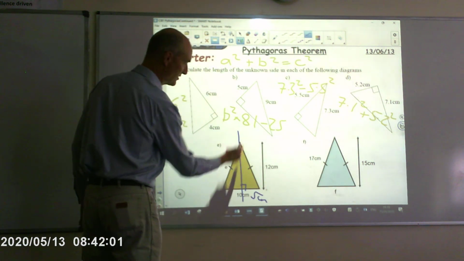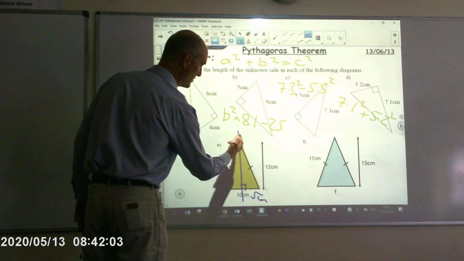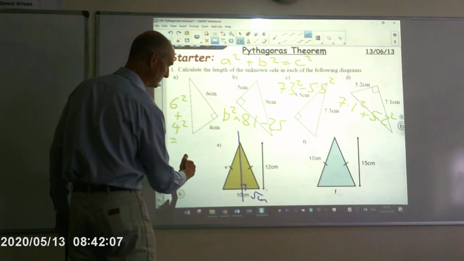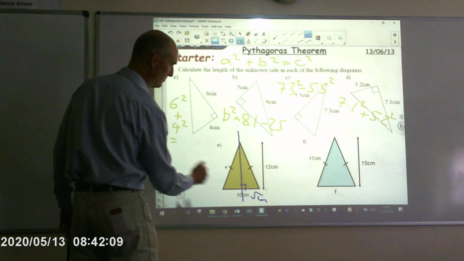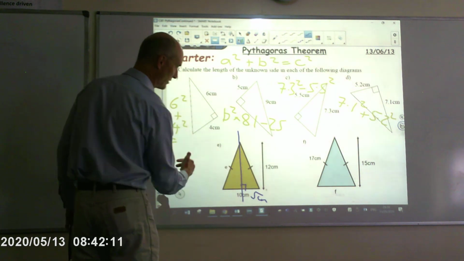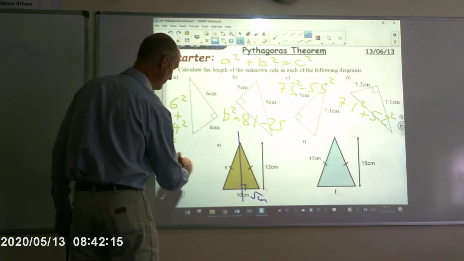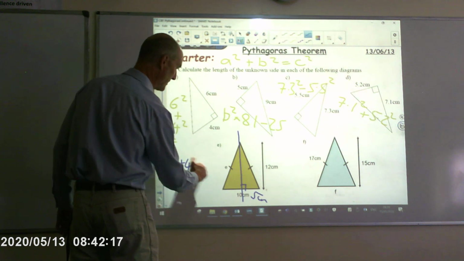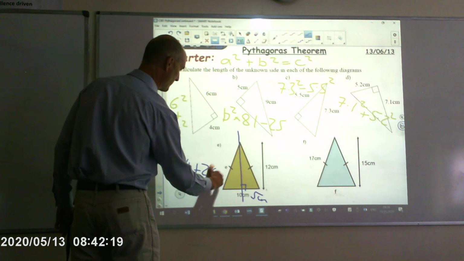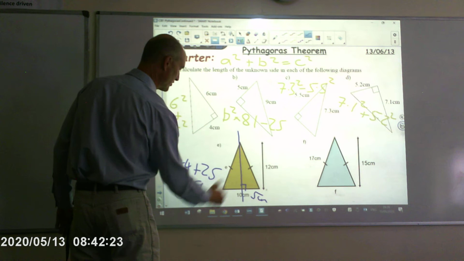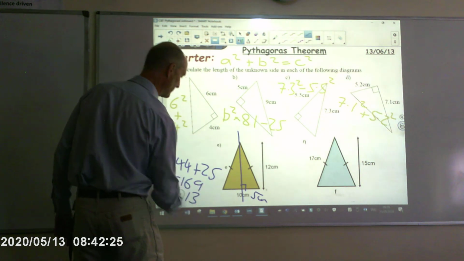We don't know our long side there. So we do this side here, which is 12 squared, 144, plus 5 squared, which is 25. That's 169. So our actual side there is going to be 13.